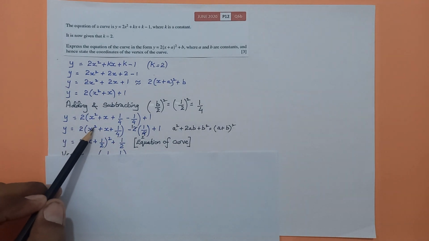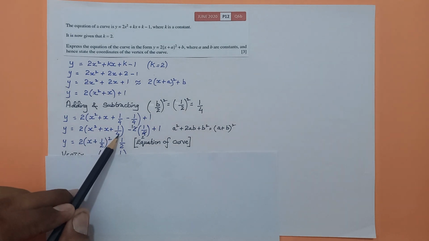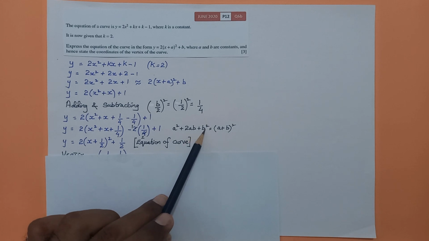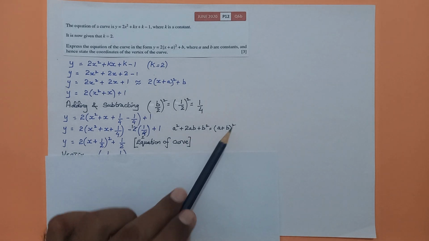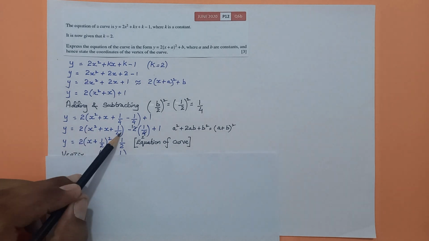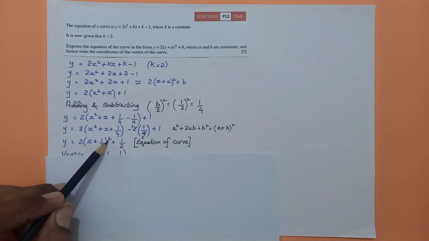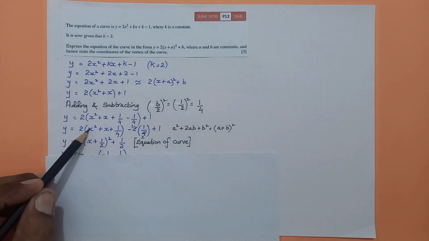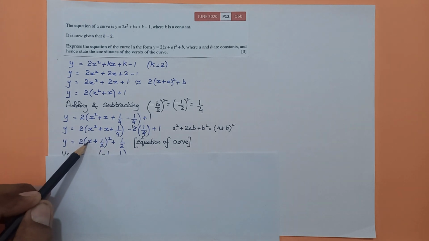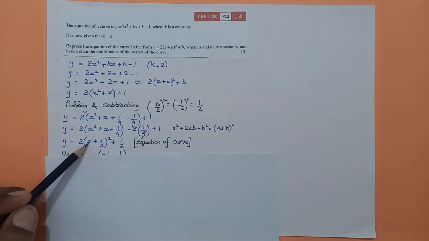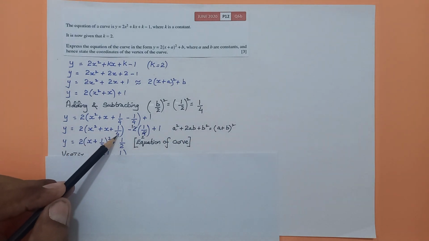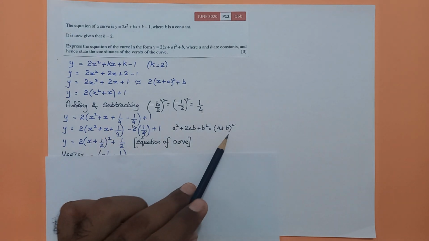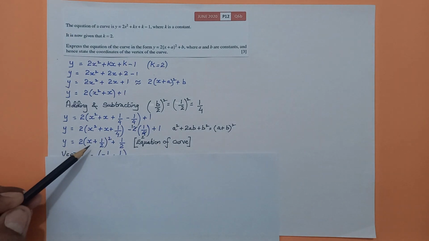That means this x squared plus x plus 1 upon 4 is 100% equal to a squared plus 2ab plus b squared, which is equal to a plus b whole squared. That means this can be converted to a perfect square form by x plus 1 upon 2 whole squared, because x squared from here, the value of a according to the formula is x, and from here 1 upon 4 is basically representing b squared, so the value of b according to the formula over here is 1 upon 2.